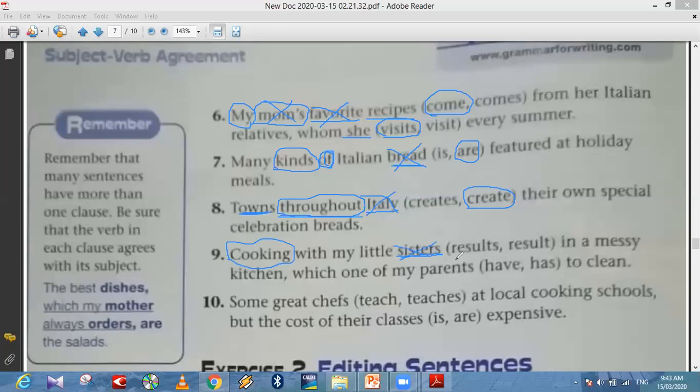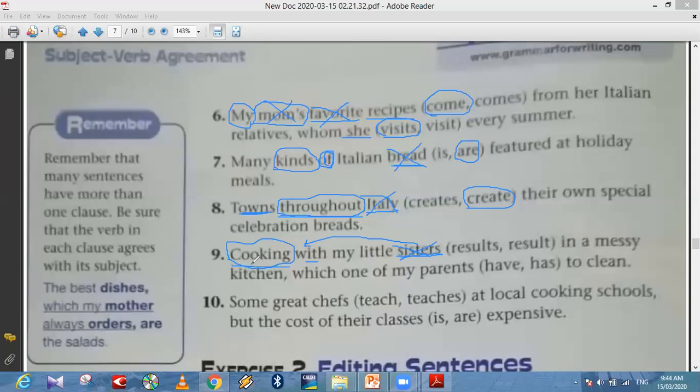Mister, wait, it's a prepositional phrase. Yes, this is the object of the prepositional phrase that starts with my little sisters. So cooking, this is the gerund form of the verb cook, but it's used as a noun. You studied this before. Verbals are the form of the verb, but not the function of the verb.